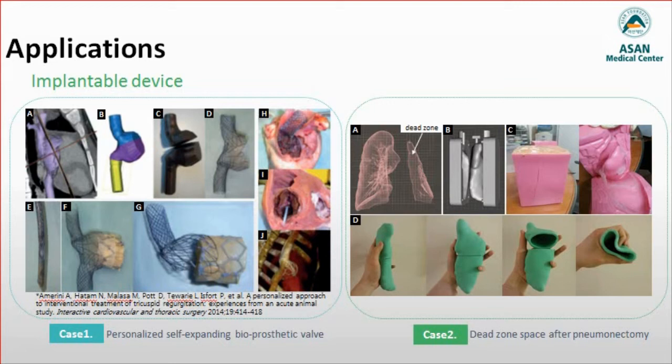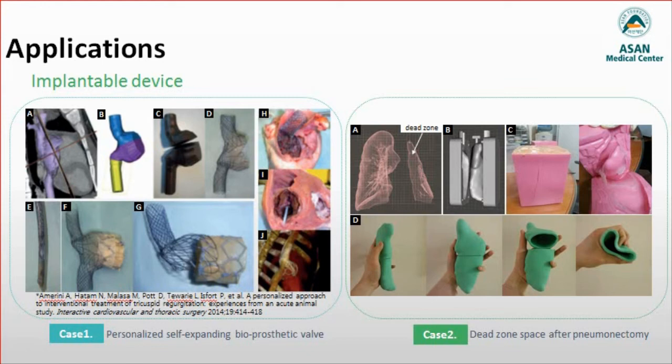From the feasibility study conducted in animals, they found that the 3DP-based stent could stabilize the biological valve prosthesis by force transmission from the annulus to the arterial wall and the adjacent vena cava. Another example of the 3DP-based medical implantable application is the use of medical-grade silicone material for soft tissue.